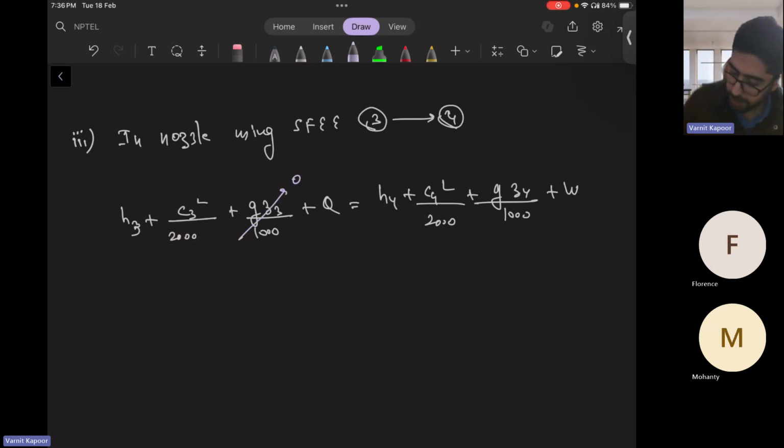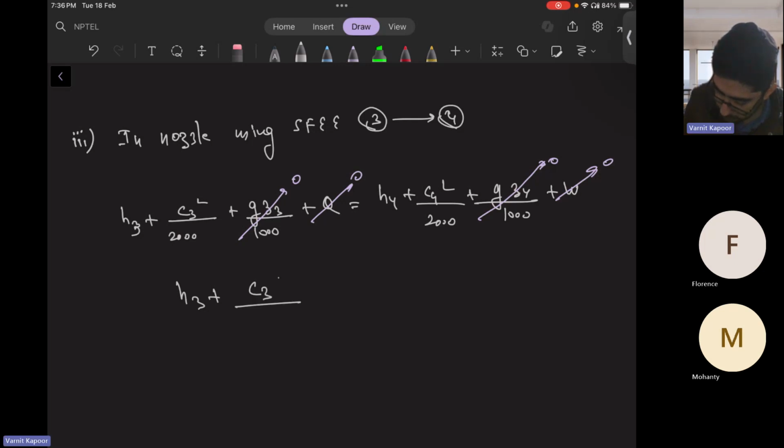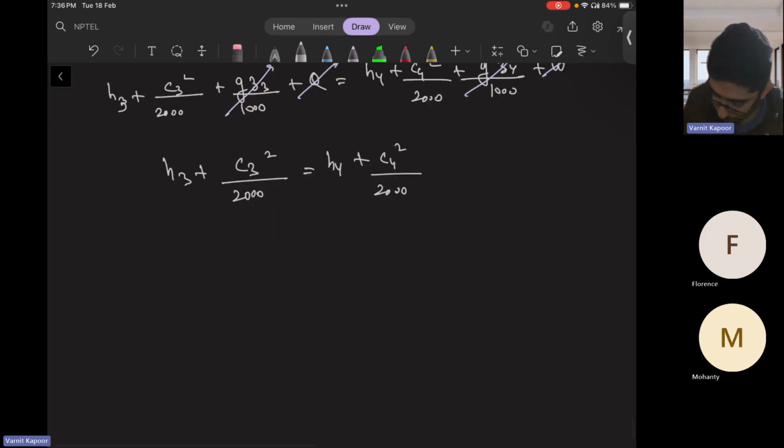But datum head we can neglect. There is no heat interaction in the nozzle. There is no work output from the nozzle. So we are left with H3 plus C3 square by 2000 is equal to H4 plus C4 square by 2000. Put the values. C4 square minus C3 square, on rearranging, you will get H3 minus H4.